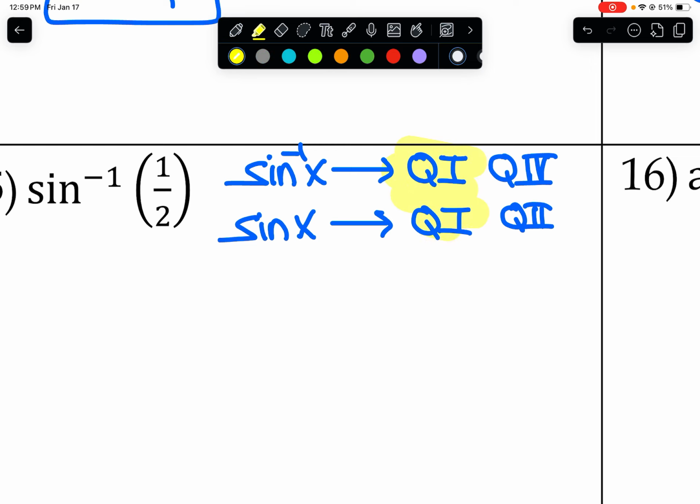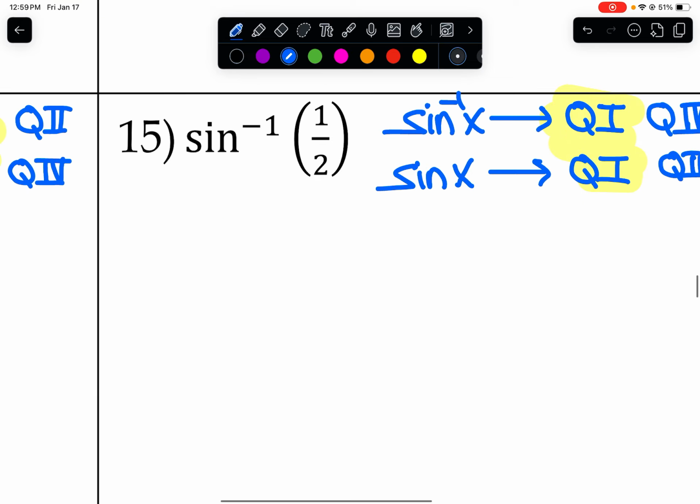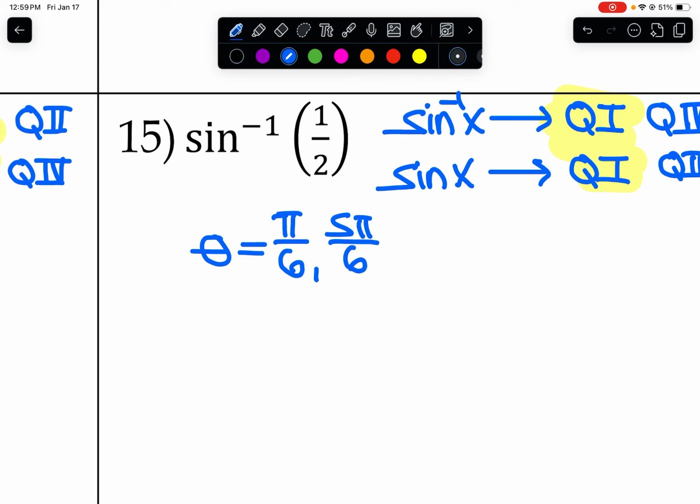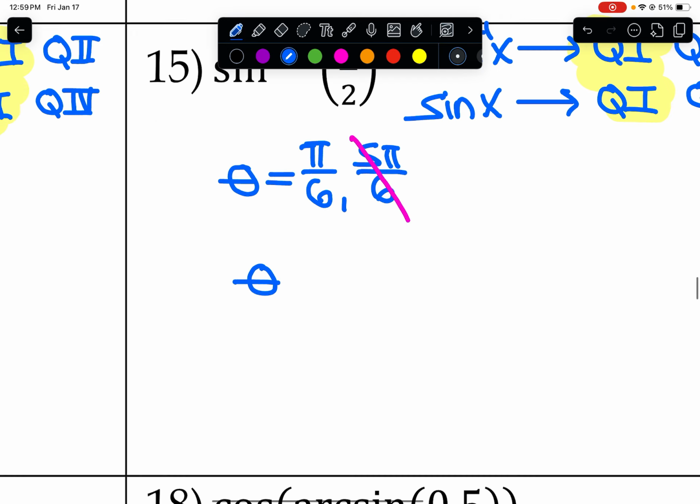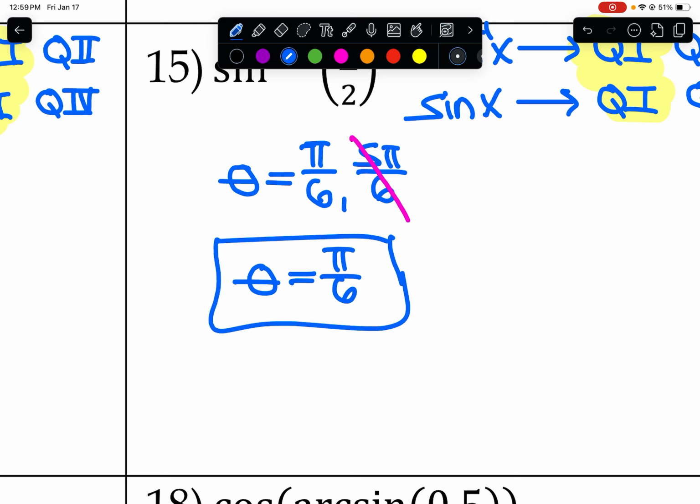So, of course, our commonality here is going to be quadrant 1. Whenever sine is equal to positive 1/2, that's going to be at pi over 6 and 5 pi over 6, which means ignore the 5 pi over 6 since it's in quadrant 2, and we just want the pi over 6. And we don't have to adjust the interval at all.